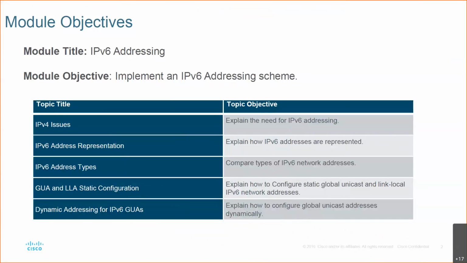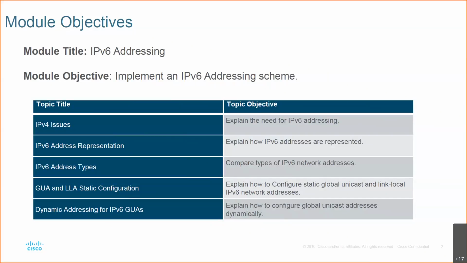So the lesson that we're going to study today is going to look at why do we need IPv6 in the first place, and how do you represent IPv6? What are the address types in IPv6?